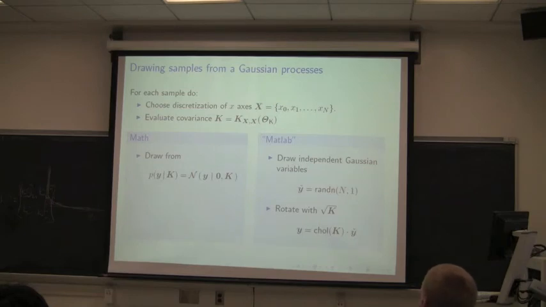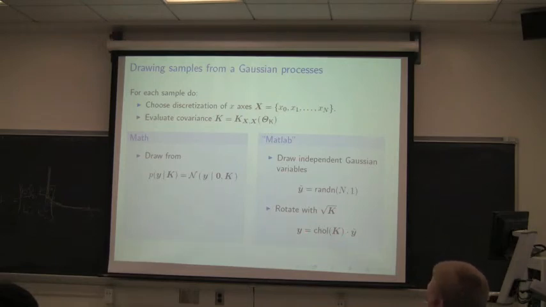And how do we program this? It uses the trick that we can take a standard normal distribution, compute the square root of k, for example the Cholesky factor of k as a square root of k, and then multiply the standard normal samples by it.